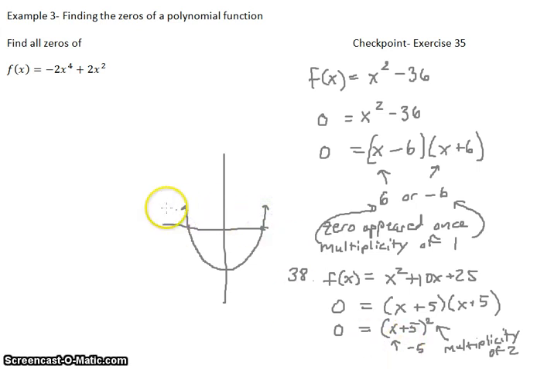With this one, we just have a graph that hits the x-axis at a negative 5. And that's it.